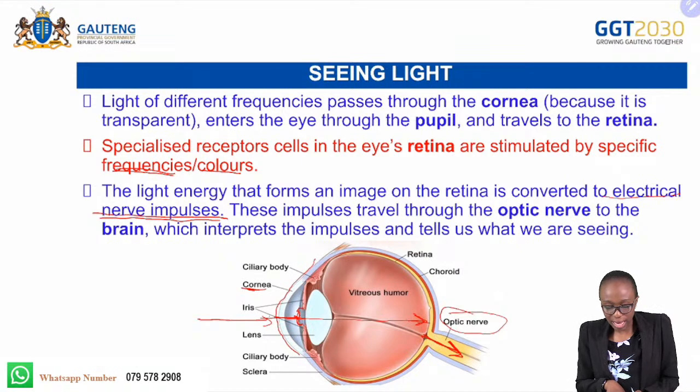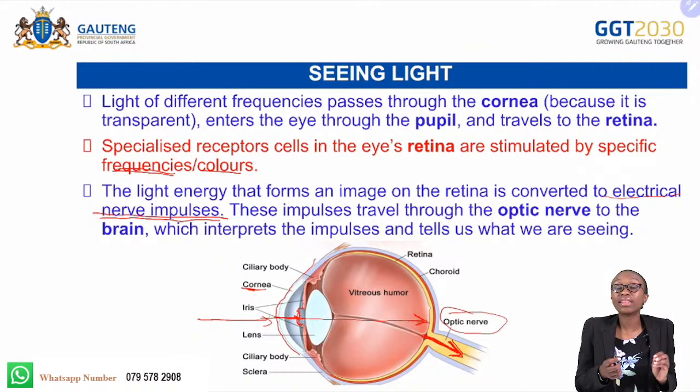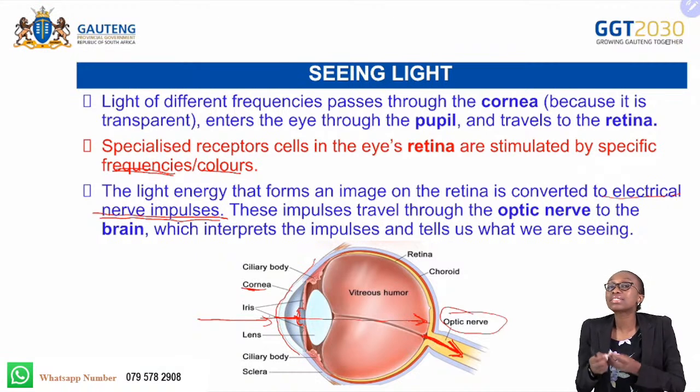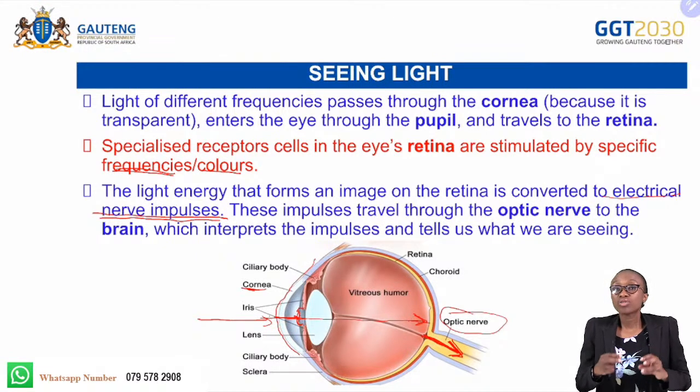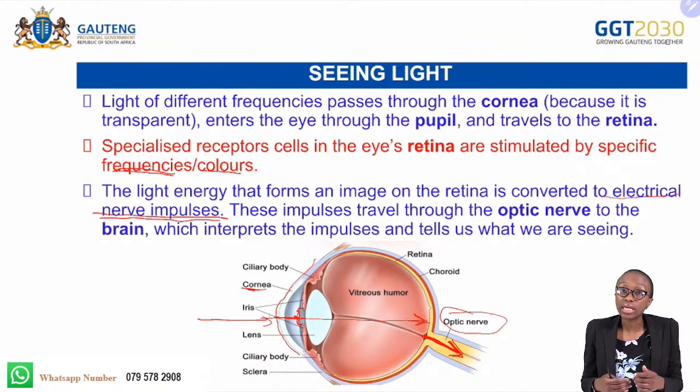Those impulses then move into the optic nerve, and then the optic nerve sends them to the brain. So once they reach the brain, it interprets the color that you are seeing. If you are looking at a yellow dress, the brain is going to interpret you seeing that yellow dress. If you are seeing a red dress, the brain is then going to interpret that you're seeing a red dress.